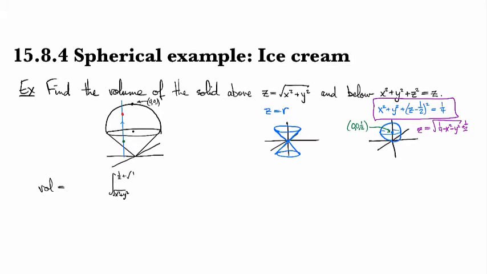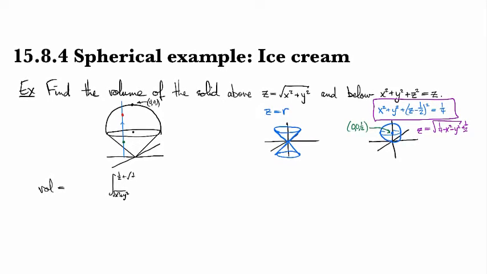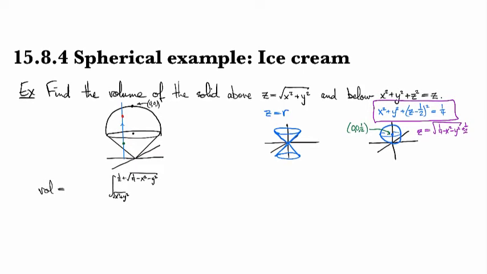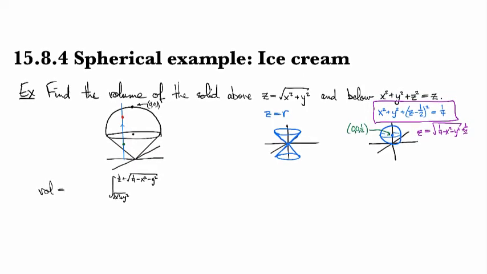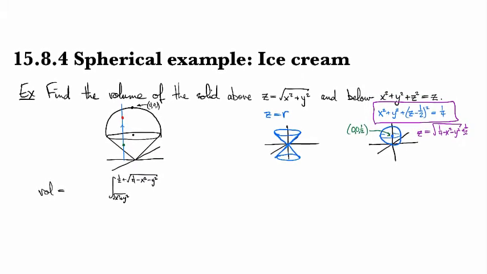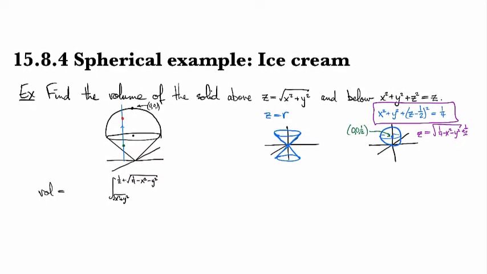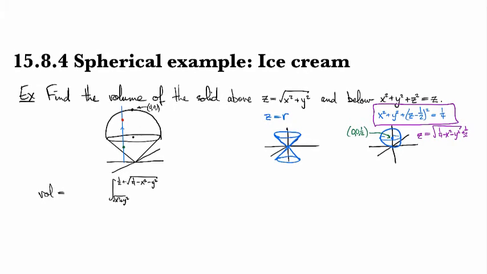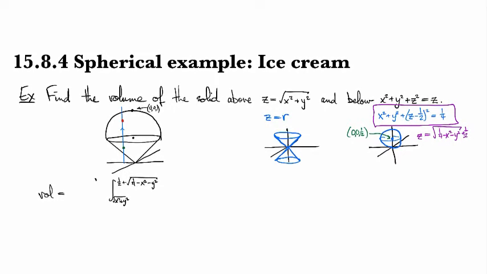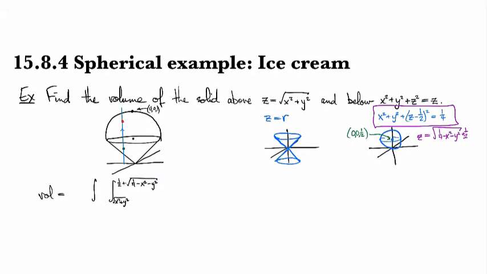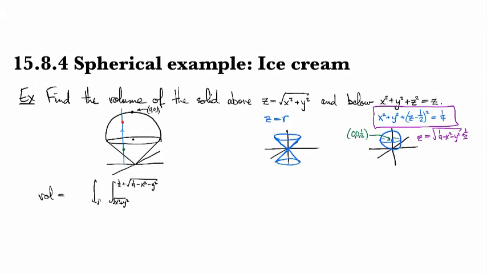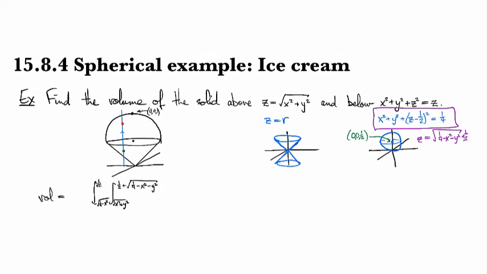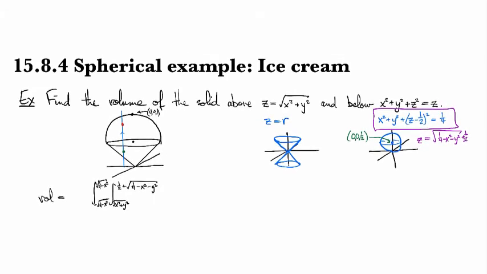So that would be 1/2 plus the square root of 1/4 minus x squared minus y squared. There we go. That would leave us with the disk of radius 1/2 to set up on the ground. So that's going to be y from minus square root of 1/4 minus x squared to positive square root of 1/4 minus x squared.